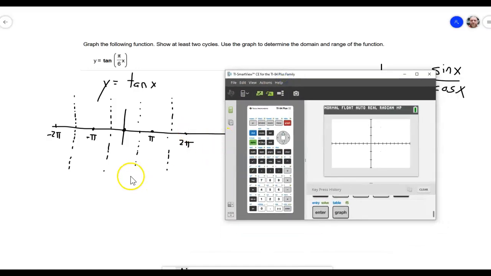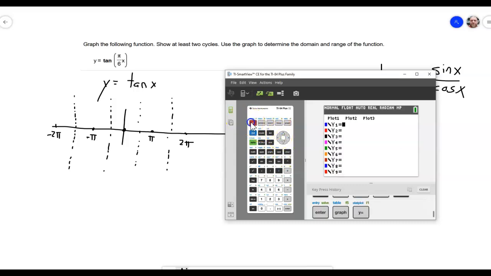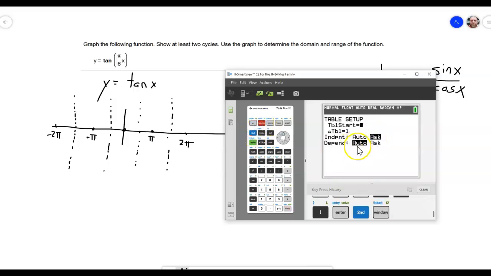Let's go to y equals and put the tangent of x in here, then go to second window. For my table set, I make sure I'm on ASCII Auto, and then go to second graph.